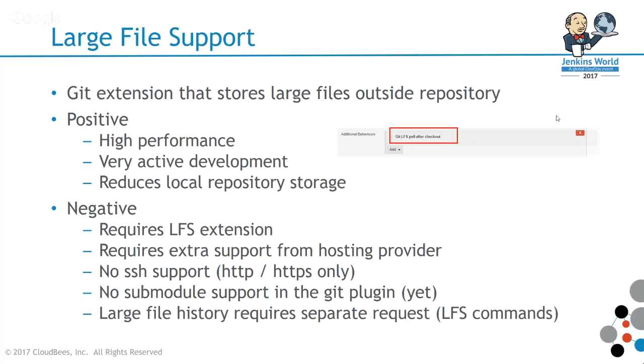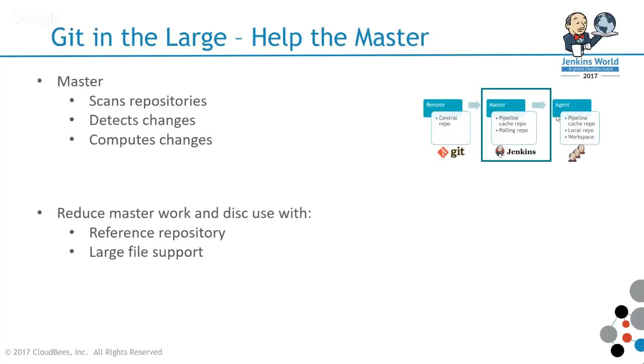Okay. So now let's shift our focus away from helping your central server. What can we do to help the Jenkins master? Because there are things that will create load on the Jenkins master if you're dealing with these large files, these large Git repositories as well.